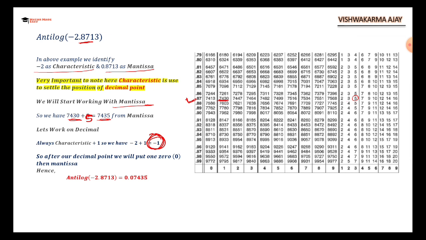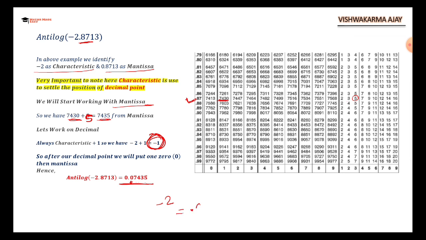Since it is minus 1, I'll make sure that after the decimal I have 1 zero and the remaining numbers. So my answer will be, after the decimal, 07435. That's it. Let's say if this is minus 2, my antilog solution will be like this.